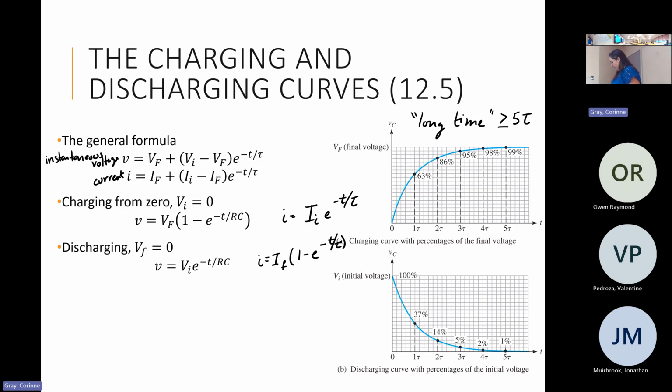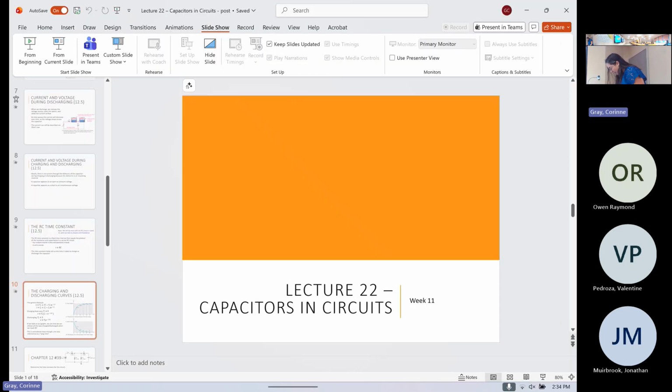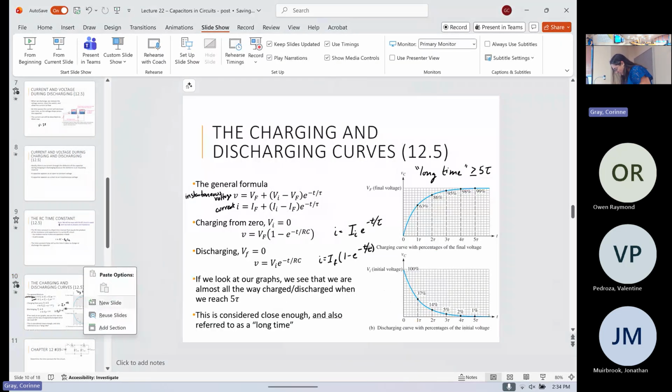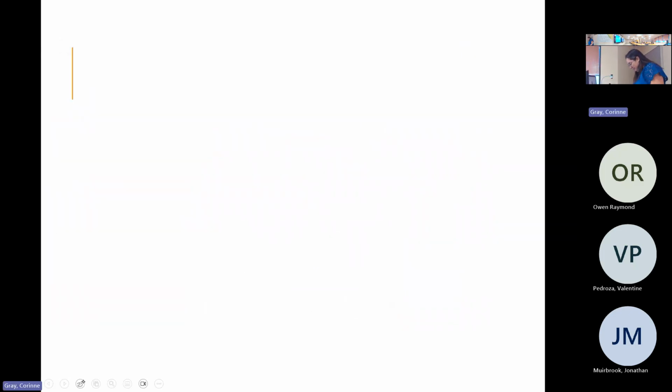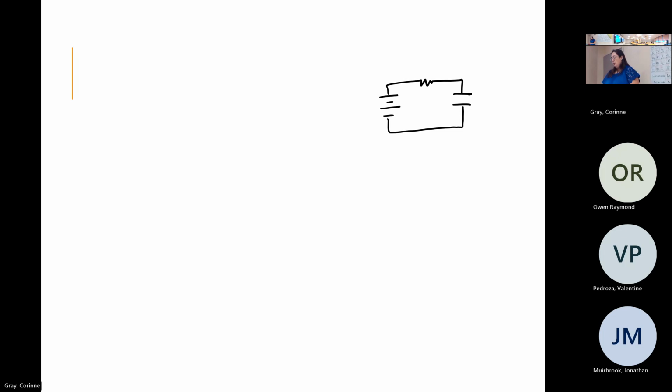I think I deleted the slide here really quick. Let me just add a blank one in. So let's say we have a circuit and it has a battery, it has a resistor, and it has a parallel plate capacitor. It's an RC circuit, and the way it's drawn is going to indicate that we're charging.